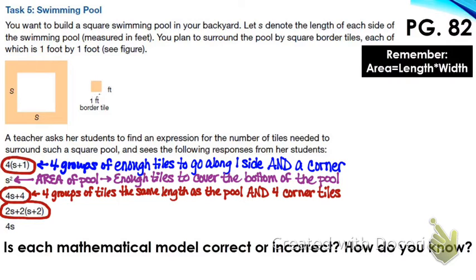What does the 2S at the very beginning represent here? Yeah, this is enough tiles to go along one side 2 times.